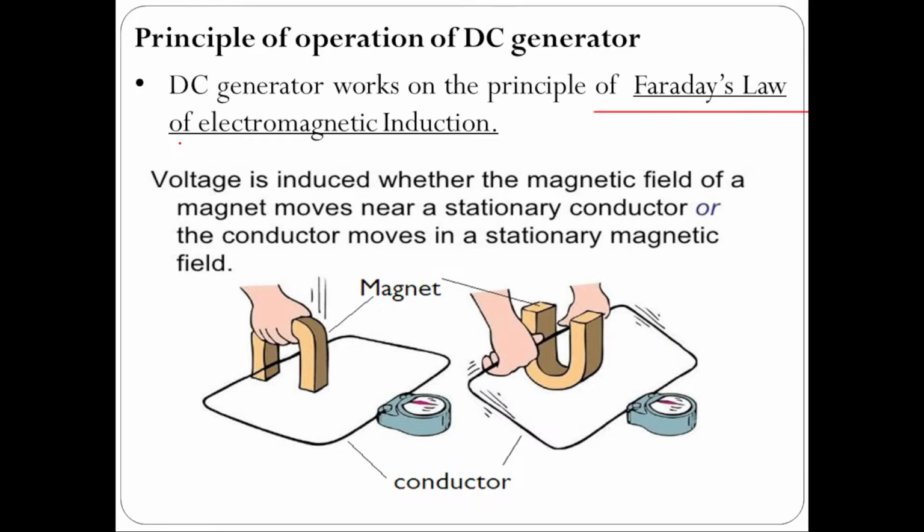Or if the conductor is moving, if the magnet is moving or the conductor is moving, you can see here in the second diagram the conductor is moving, in the first diagram the magnet is moving. So either the magnet or the conductor, any of these two is moving, EMF will be induced across the conductor terminals.